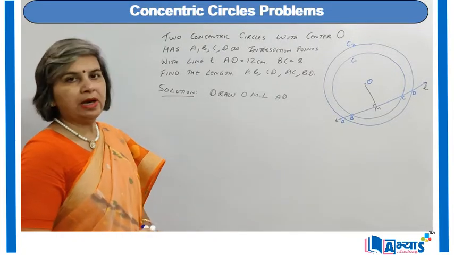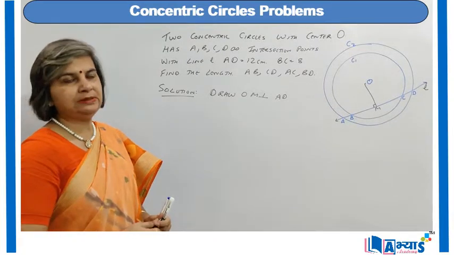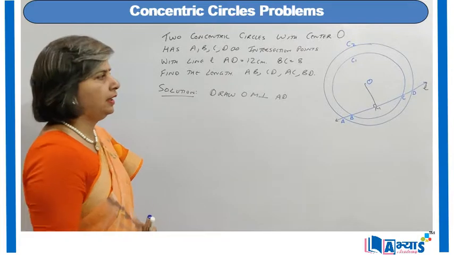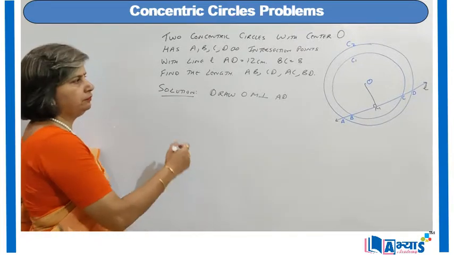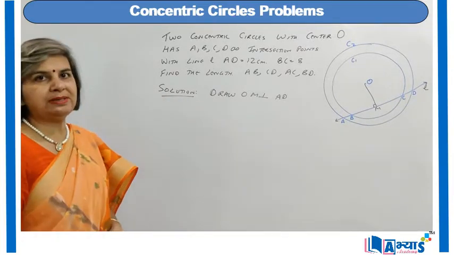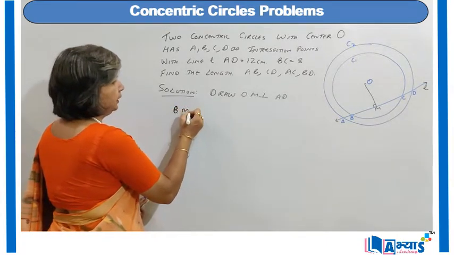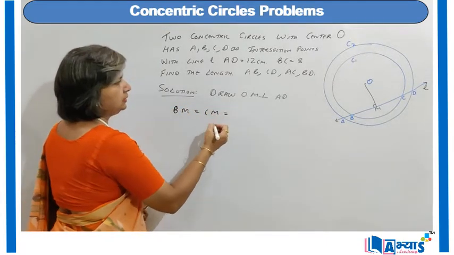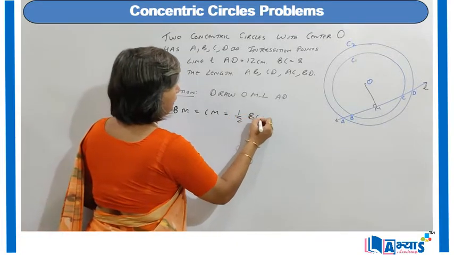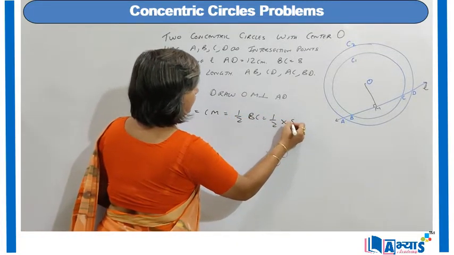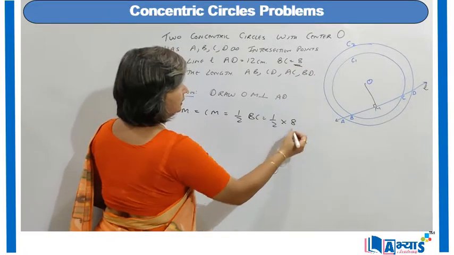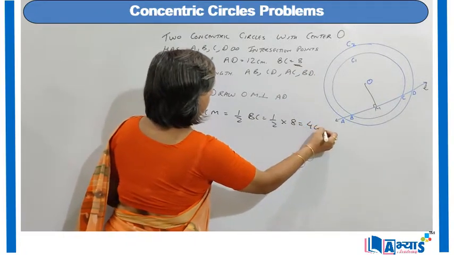Now BM will be half of BC because BC is the chord for the circle C1 and OM is perpendicular to the chord, so BM is equal to CM is equal to half of BC. That means half into 8, which is 4 cm.